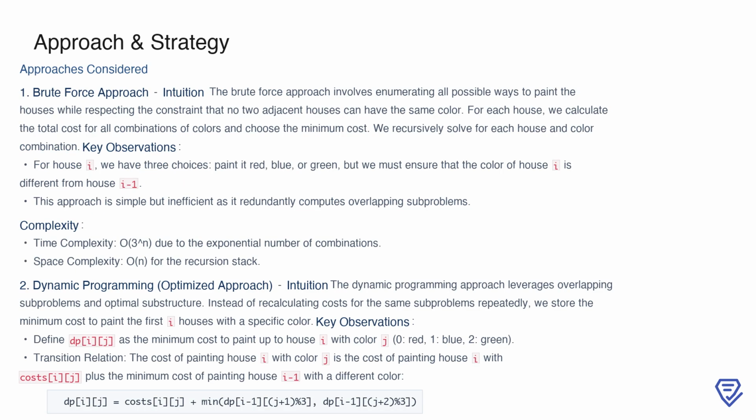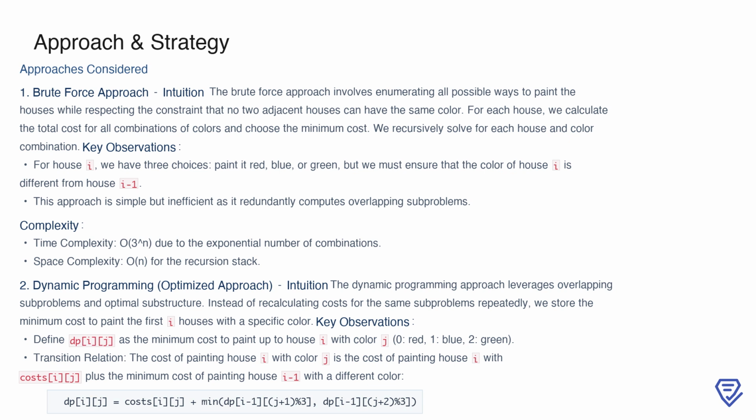To solve the paint house problem, we began by exploring two primary approaches. First, the brute force approach. The intuition here is straightforward. For each house, we consider every possible way to paint it while ensuring no two adjacent houses share the same color. For instance, if you're painting house i, you have 3 choices: red, blue, or green, but you must ensure the color differs from the previous house.